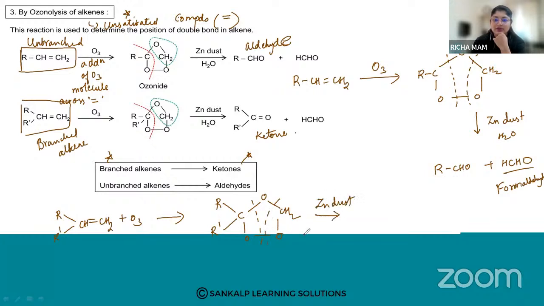So this is an ozonide. This compound is called an ozonide. Now the ozonide will undergo breaking, and what you will get is R C double bond O R dash plus HCHO. So you get a ketone, and again I'm going to get a formaldehyde.